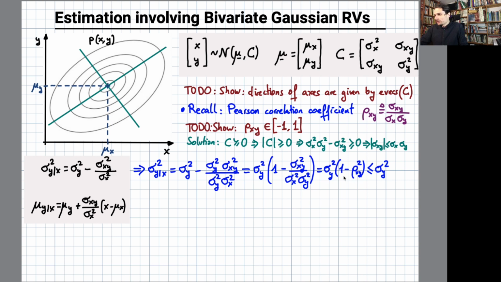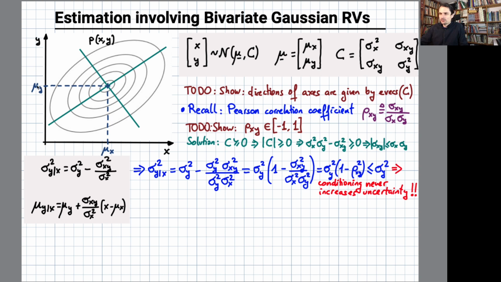And therefore the posterior covariance, or posterior variance, is never greater than the prior variance, okay?